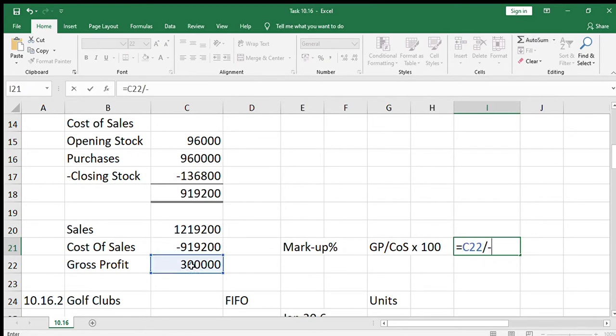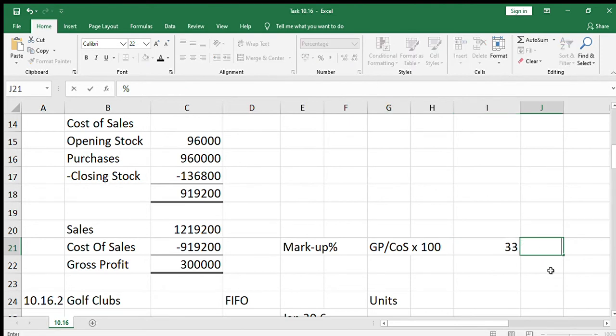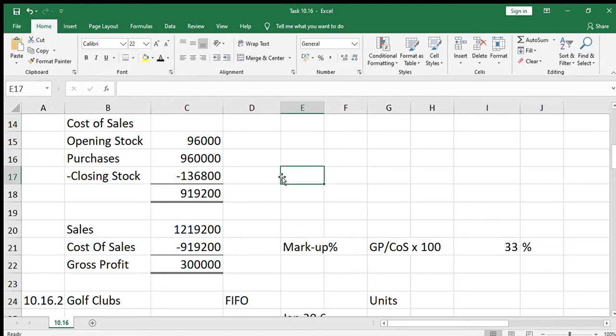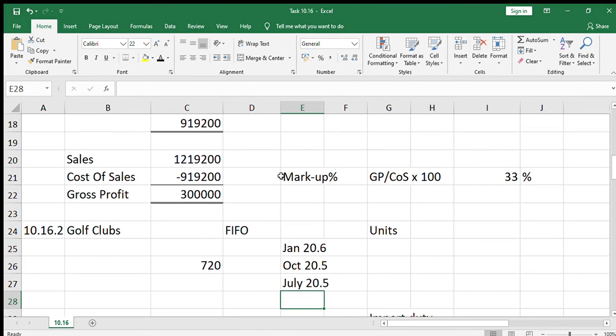It's gross profit divided by cost of sales multiplied by 100. Okay, and we're just going to round that up. So 33% is the markup we've achieved on the golf balls.